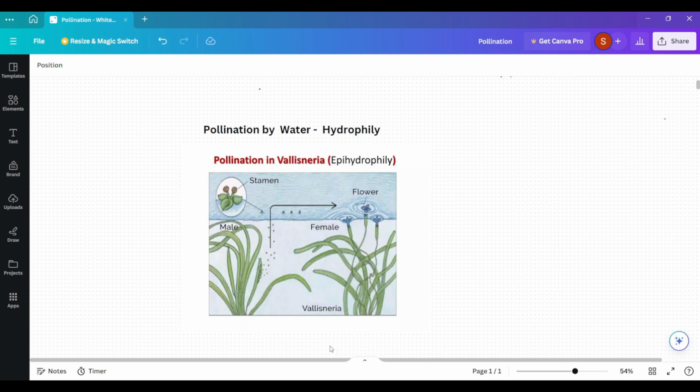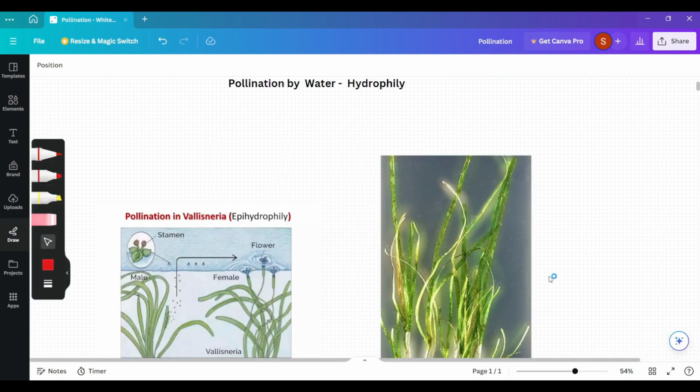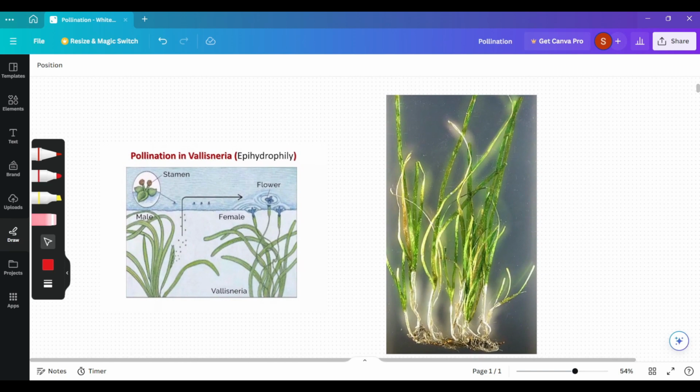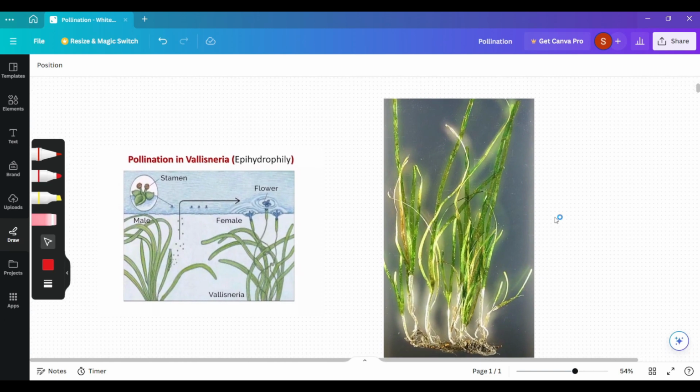Another example is seagrass, where the whole plant is submerged under the water. Here the pollen grains are released inside the water, taken passively along the water current, reach the stigma of the female flower, and achieve pollination. In these cases, water acts as the agent of pollination.